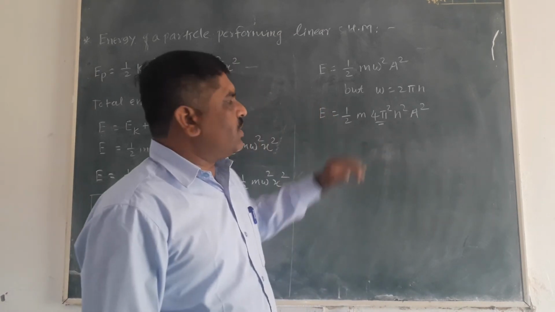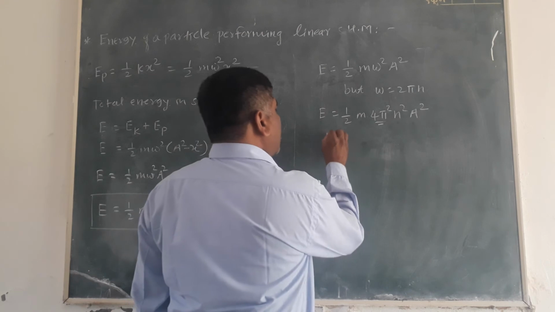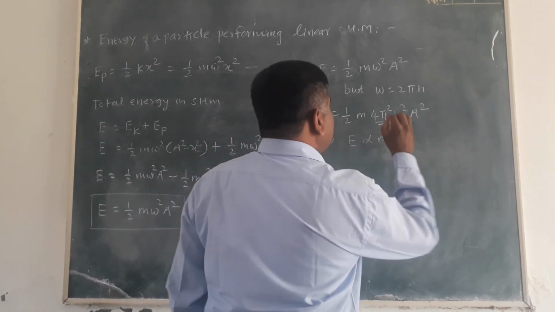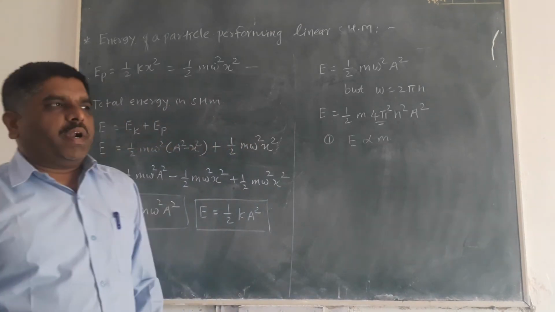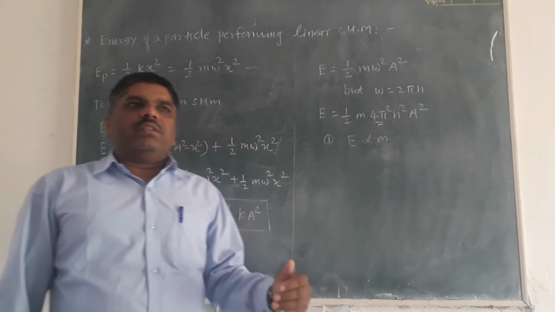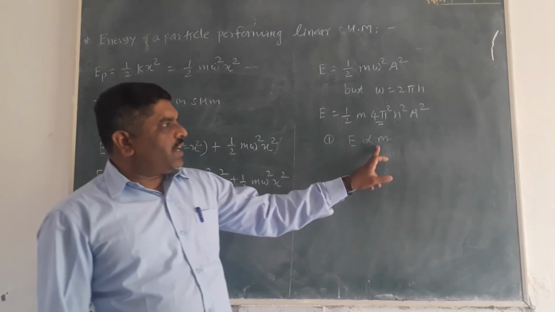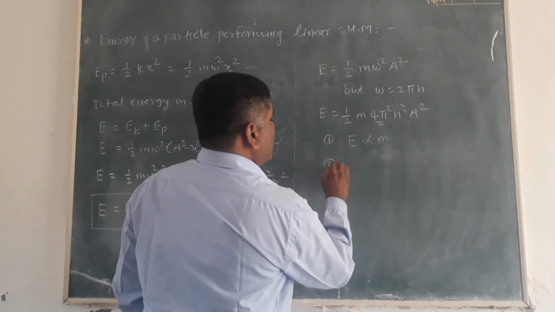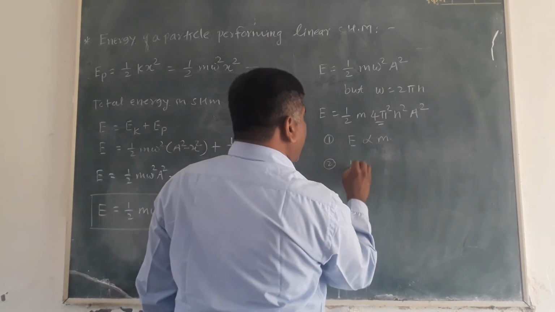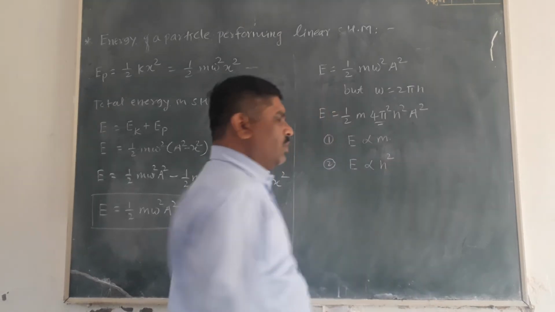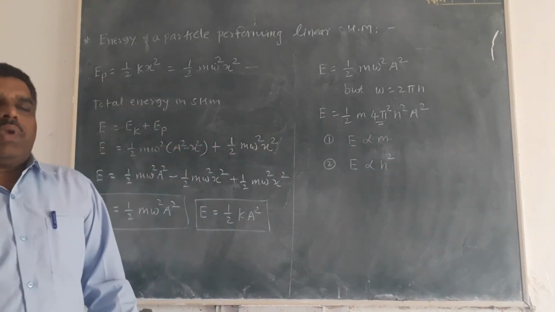From this equation, it is clear that, number 1, this energy is directly proportional to mass of particle. The total energy of particle in SHM is directly proportional to mass of particle. Number 2, from this equation it is clear that this energy is directly proportional to square of frequency.